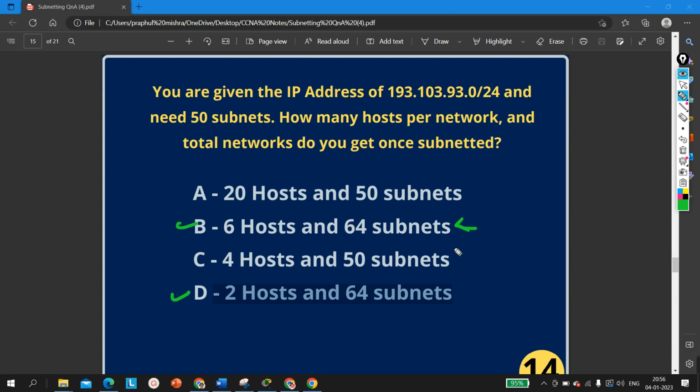How can we have 2 hosts? We cannot have 2 hosts. We can have one network and one broadcast. So that means if option D is right, in each network there will be 4 IP addresses. One will be network, one will be broadcast, and 2 will be valid hosts. So we will see what the right answer is.